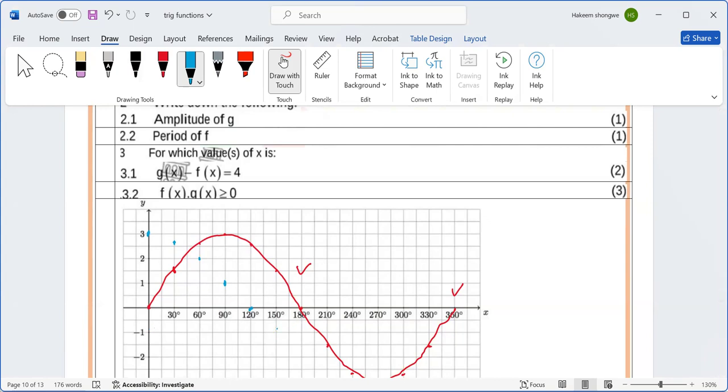150 or 180? 150. 180? 0,1. 210? 240? 270?